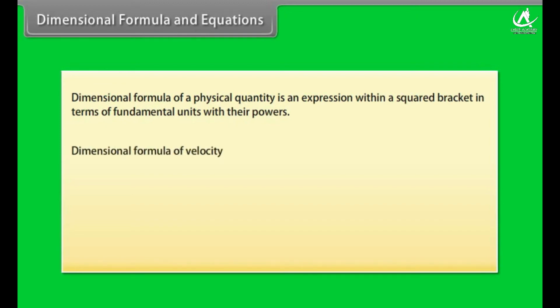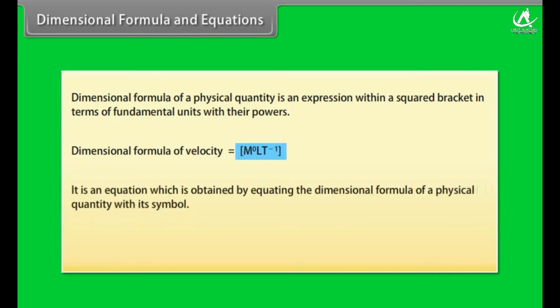Dimensional formula of velocity is [M^0 L T^-1]. A dimensional equation is an equation which is obtained by equating the dimensional formula of a physical quantity with its symbol. Let us take an example. Dimensional equation of velocity is V is equal to [M^0 L T^-1].